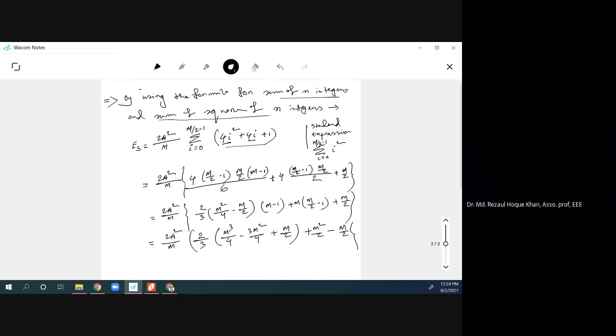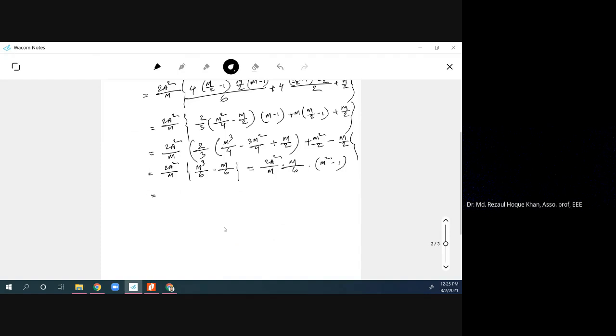Okay, so we will end up with this formula. Again, 2A squared by M times M cubed by 6 minus M by 6, which will be 2A squared by M into M by 6 into (M squared minus 1). This is a standard derivation.